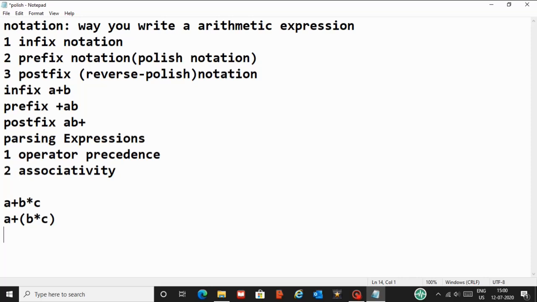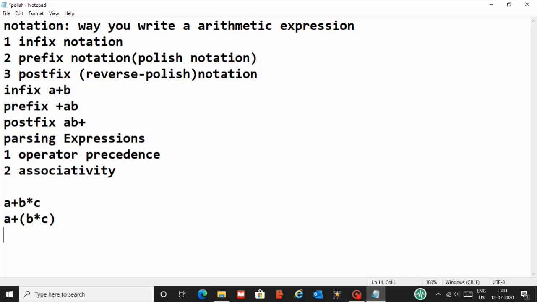They can be either left associative or right associative. Here you have two operators, plus and multiplication, and there is no ambiguity that multiplication has a higher precedence than addition, so I will do multiplication first and then addition.